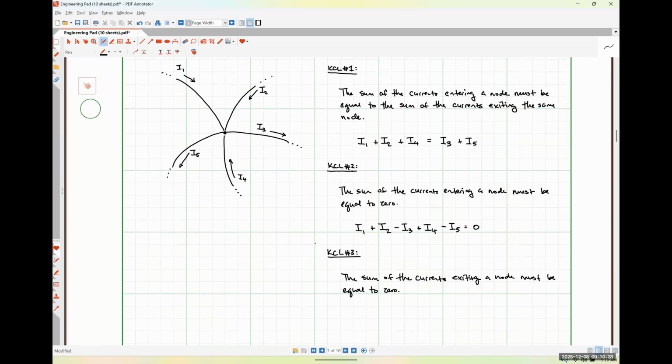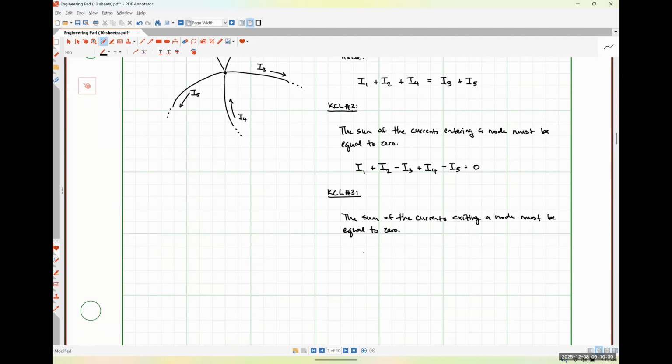Everything that's flowing out is going to get a plus sign. So that's going to look like negative I1 minus I2 plus I3 minus I4 plus I5 is equal to 0, which is just the exact same expression that we got for KCL number 2, except everything was multiplied by a factor of -1 because we're going in the opposite direction. That's it.